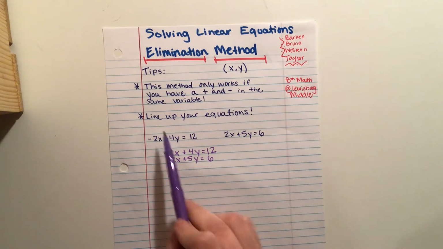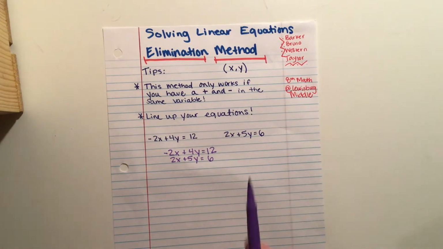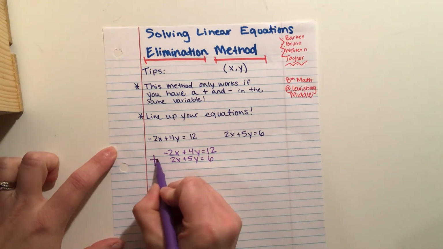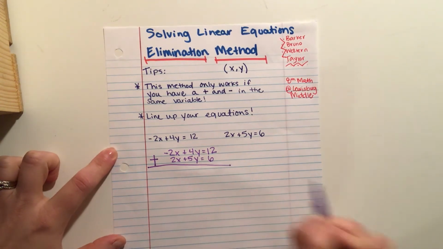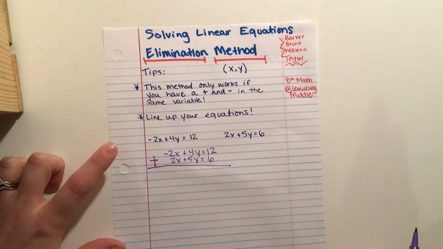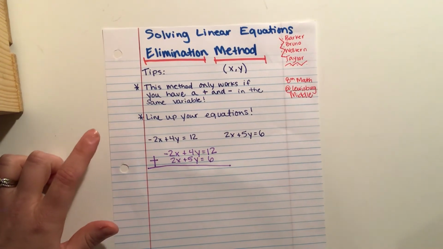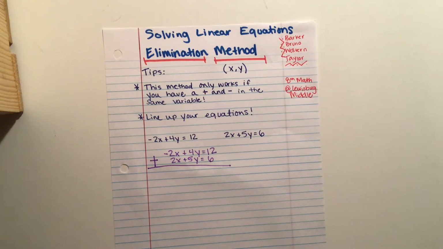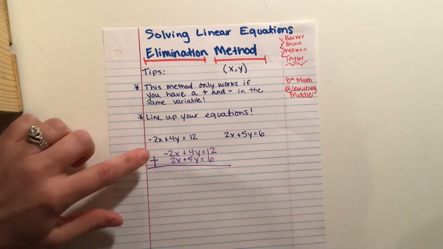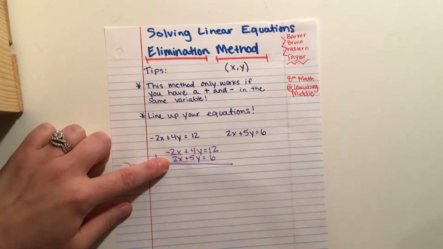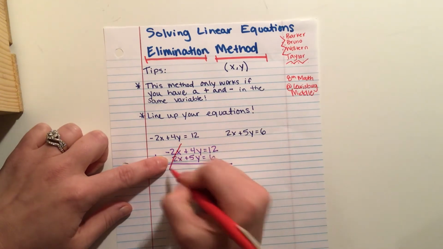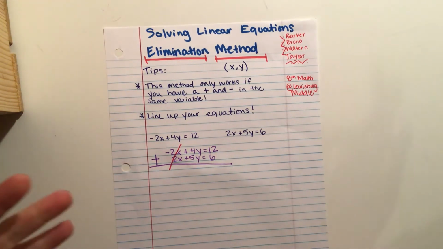Now, because we just lined these equations up, you're going to put a big old plus sign and a big old equal sign and go back to how you used to add things straight up and down in elementary school. Now, this is so cool about the elimination method. It works because this negative 2x and positive 2x cancel each other out. That's why it's called the elimination method.